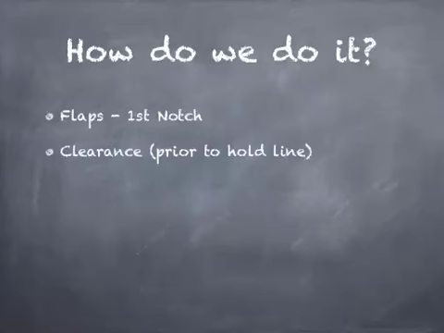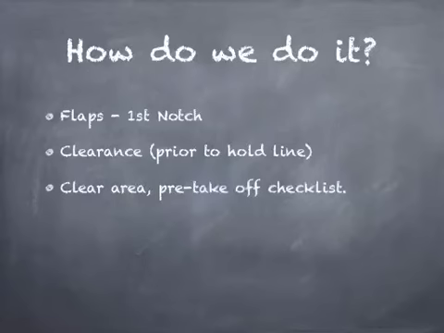We'll obtain our clearance, preferably prior to the hold line. We'll clear the area and perform our pre-takeoff checklist, which would include making sure our lights are on, our transponder set, our boost pump evacuable or carb heat is cold, and our seat belts are secure, doors locked, and mixture as required.